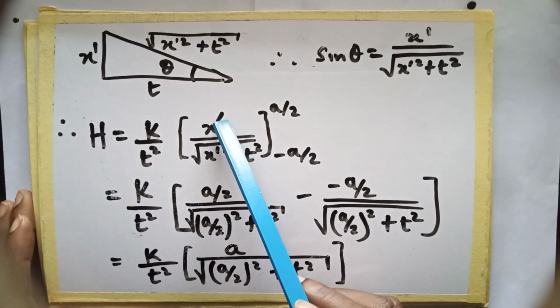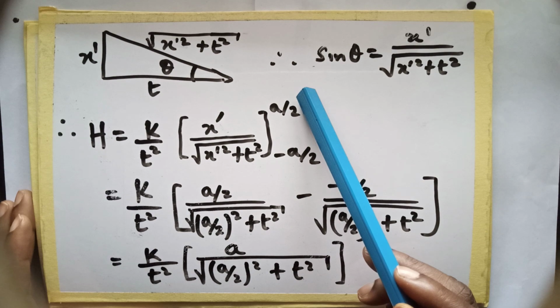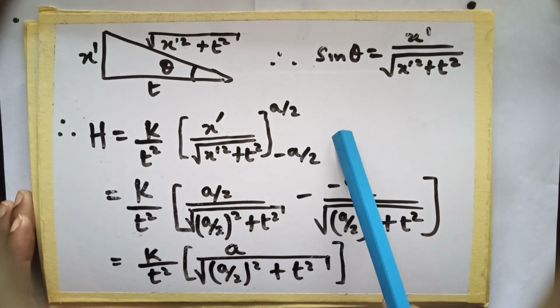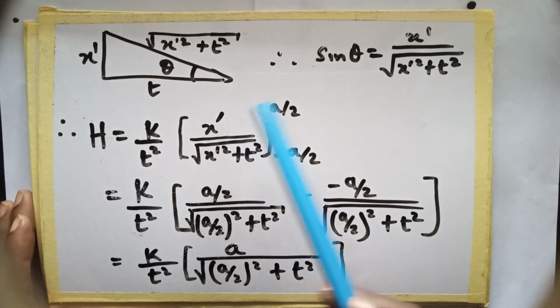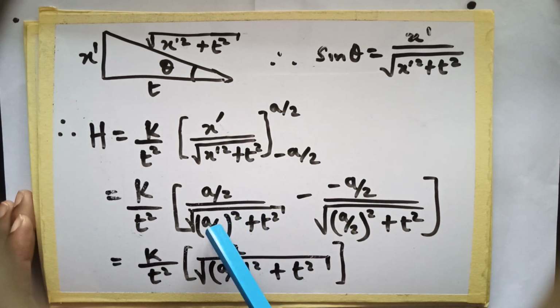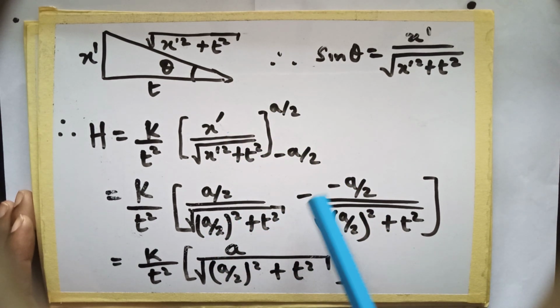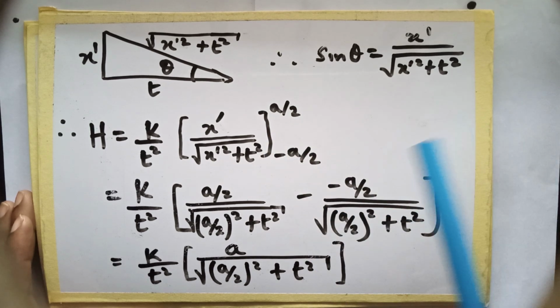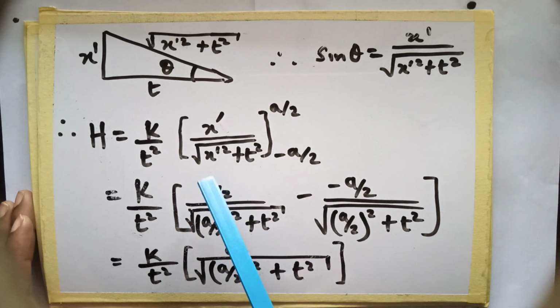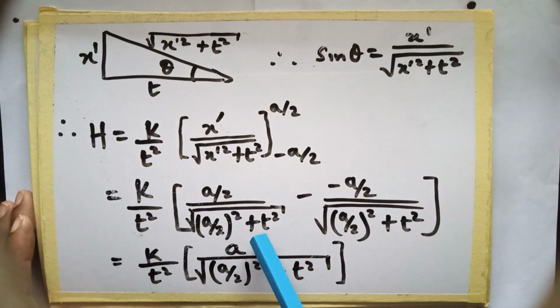So wherever we see x prime, we'll replace with a over 2 and minus a over 2. So k all over t squared remains this. Then our x prime is a over 2 plus a over 2 all over this expression. So if you simplify this, this plus this will give me a.